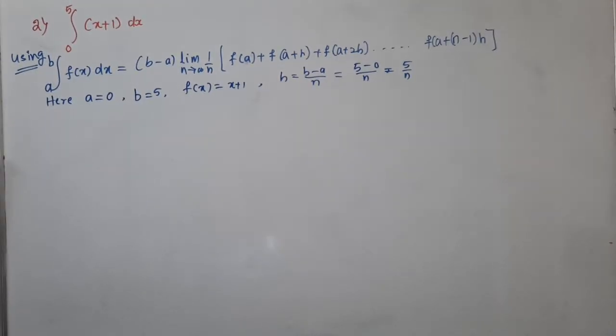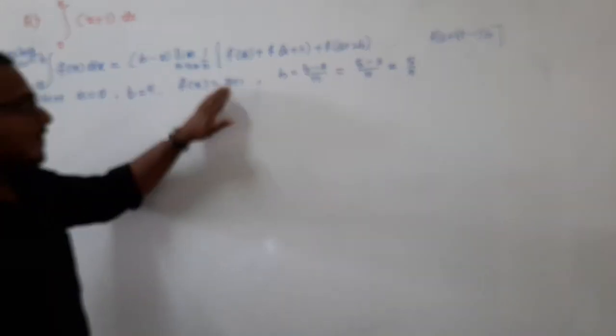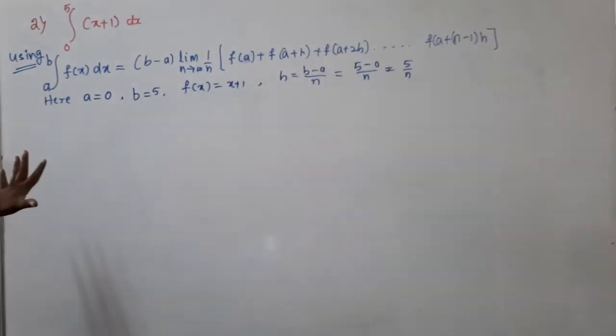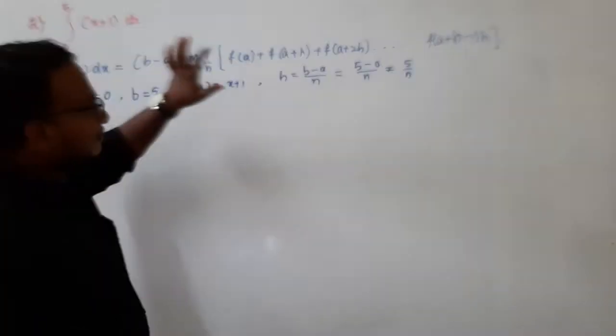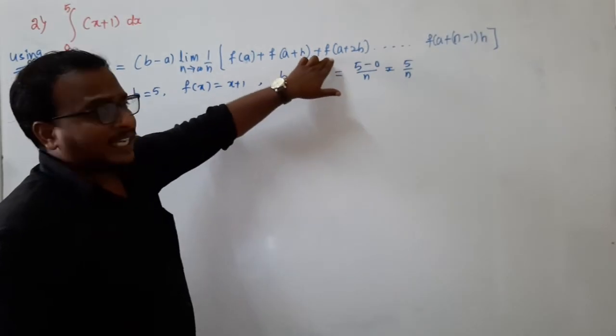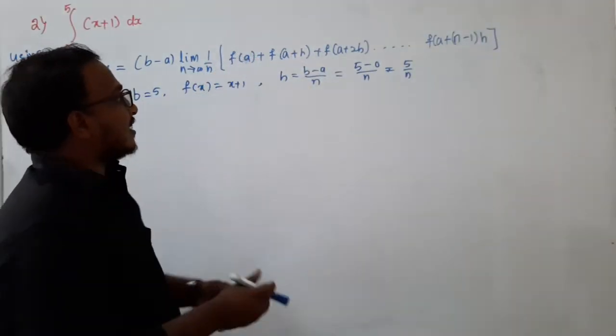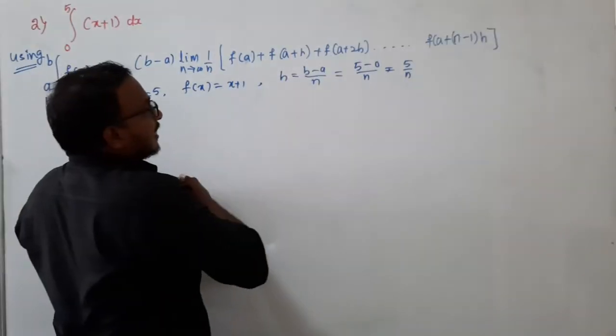Now substitute this a, b and h value in this equation. First we substitute a, b and h, and after getting the result of a plus h, we substitute into f of x.